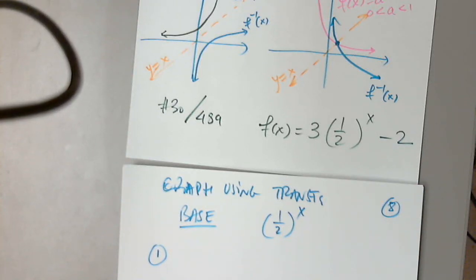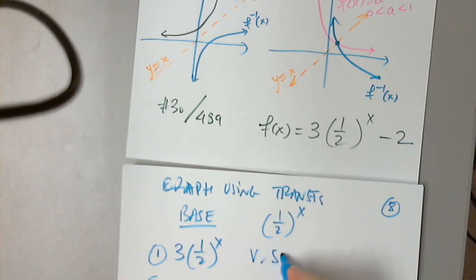The first transformation on 1/2 raised to the x: minus 2? Never. In order of operations, I cannot jump to that. Multiply by 3. Very good. So in order of operations, 3 times 1/2 to the x. What does that do to the base function? Vertical stretching by a factor of 3.